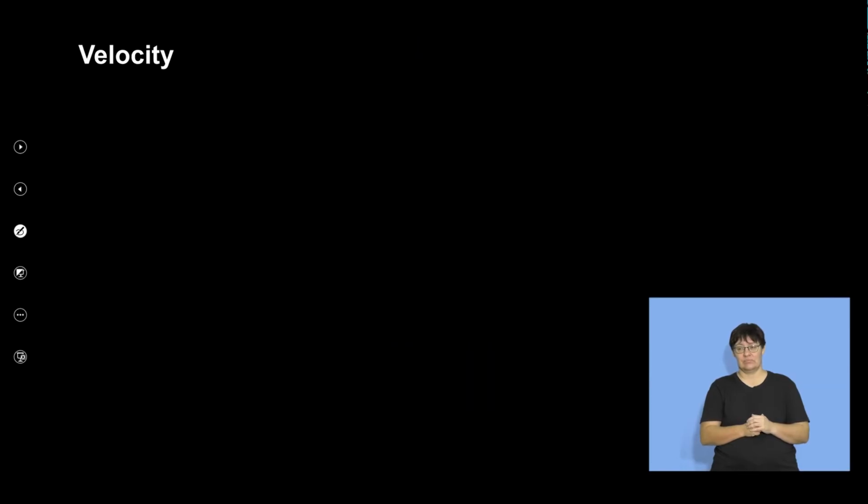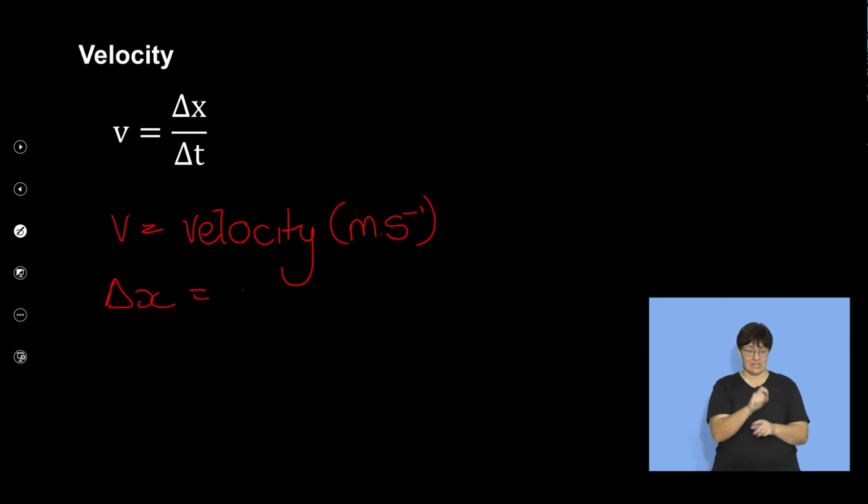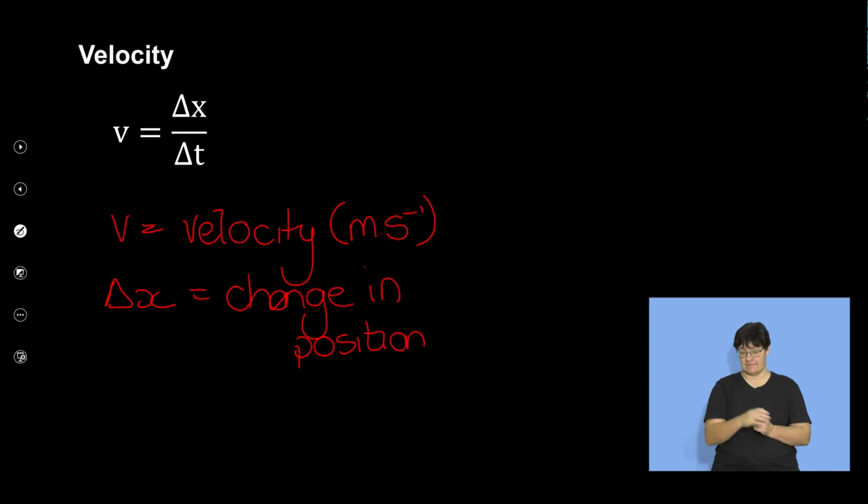So, we look at our equation. Now it looks a little bit different. V is velocity measured in meters per second, same units as speed. Delta x is my change in position, measured in meters.